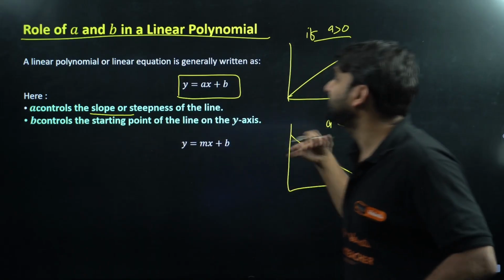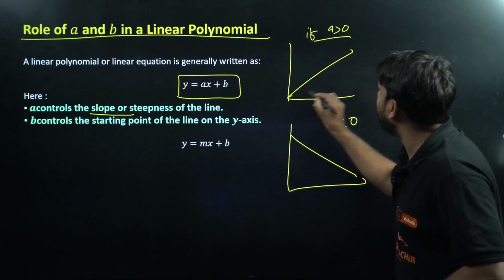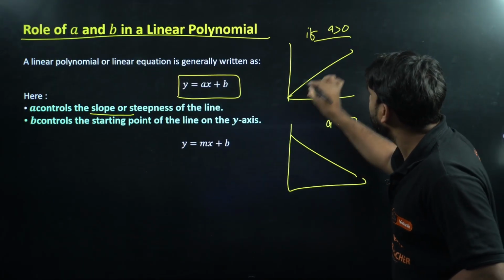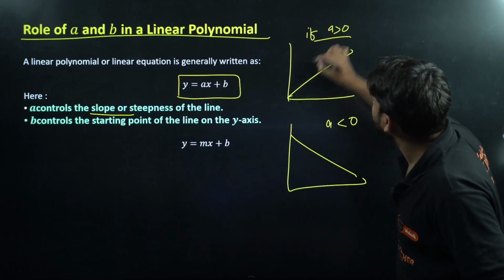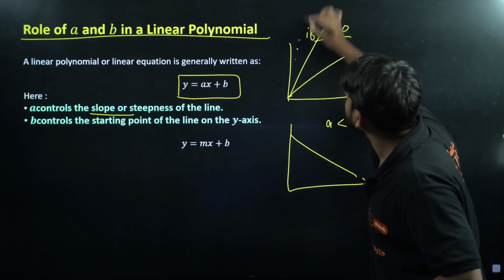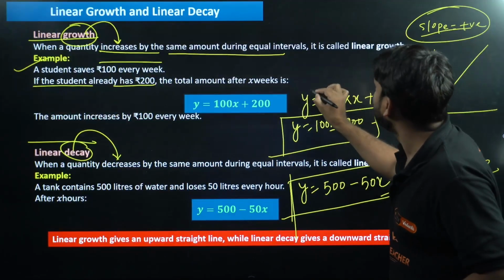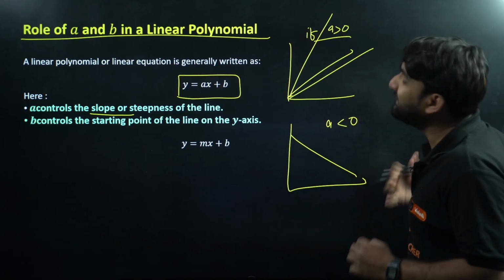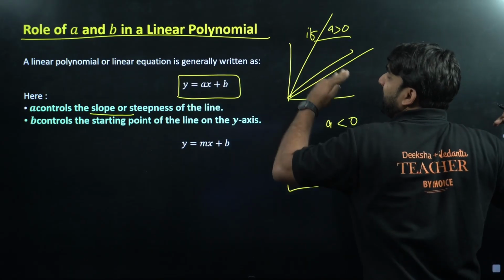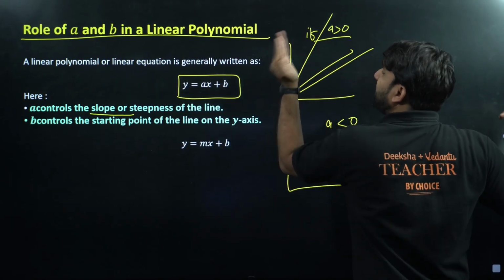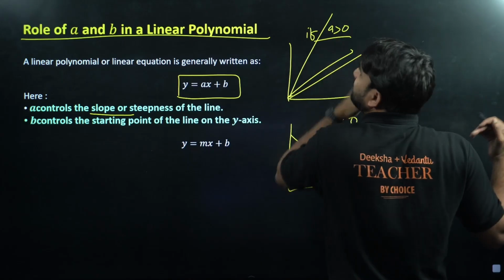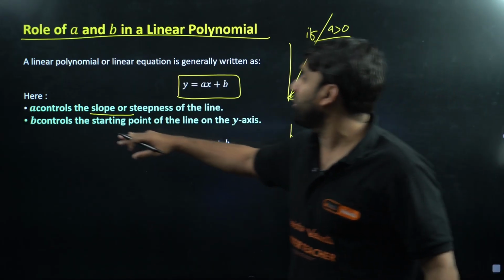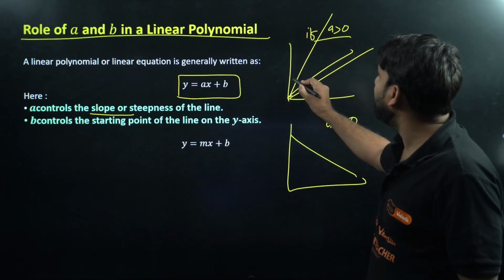B controls the starting point of the line. So the line will be this type of line, this type of line, this type of line. So basically B decides the orientation of the line, and the slope is decided by A. B controls the starting point of the line, from where it has to start.